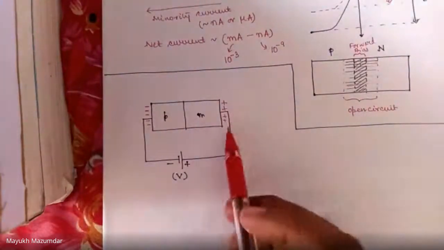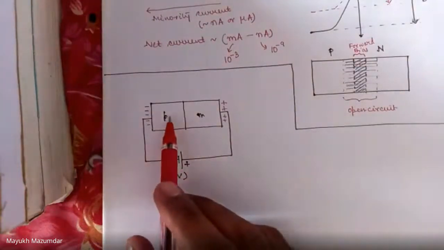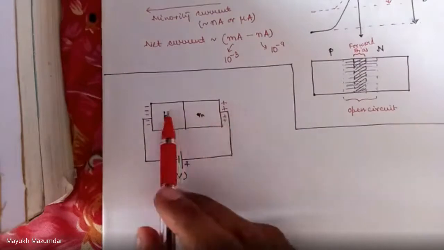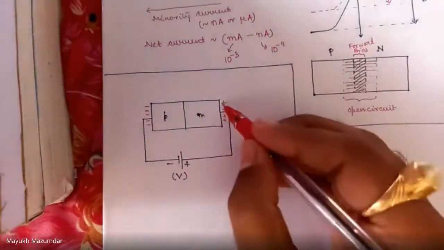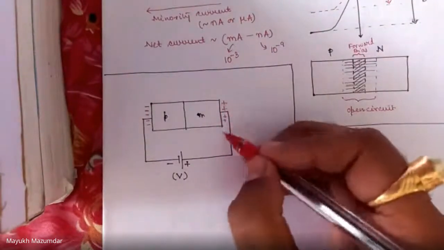See what happens. Now this side is positive, this side is negative. The P side already has holes which are positively charged. So there is very little or no probability that these holes will go to the inside. Why? Because inside has already a positive terminal connected to it. So why would these things go?